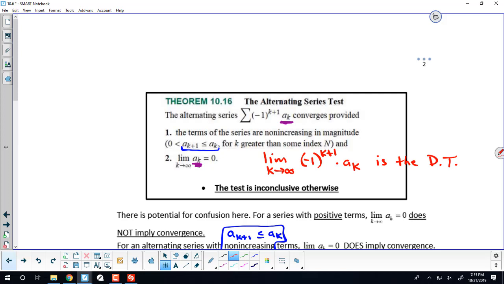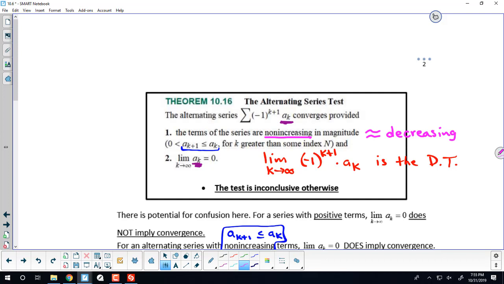But just like in the integral test where we said that those terms have to be decreasing, when we say that these terms are non-increasing, well, non-increasing is pretty much decreasing, right? Non-increasing means that it's either decreasing or constant.